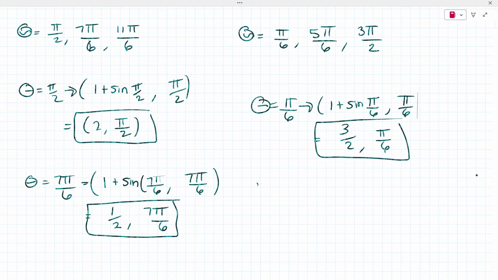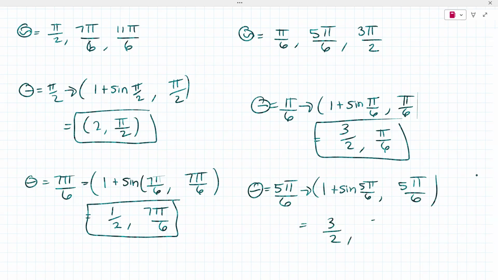Okay, and then when theta is 5 pi over 6, that is going to give you 1 plus sine of 5 pi over 6, comma 5 pi over 6. And that gives you 3 halves, comma 5 pi over 6.